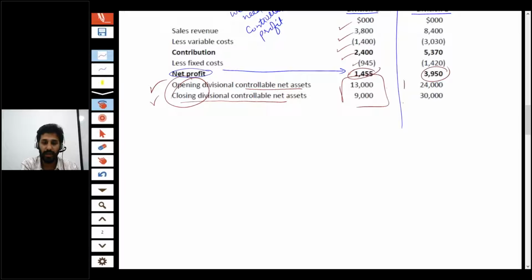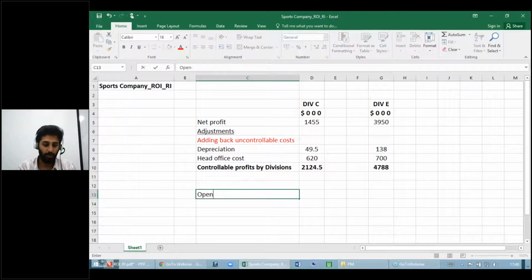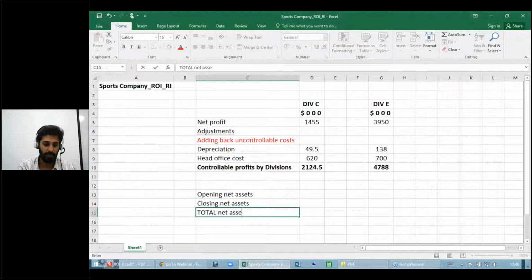So these are the figures. I will have to add these two figures and divide by 2. So this is the opening net assets, closing net assets, total net assets, and average net assets.